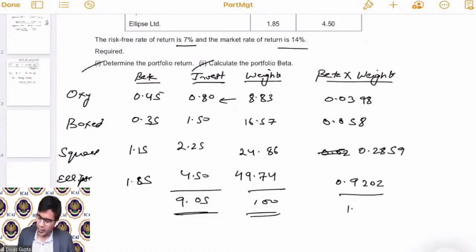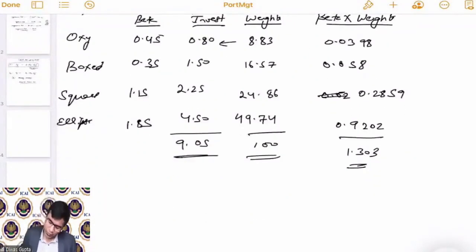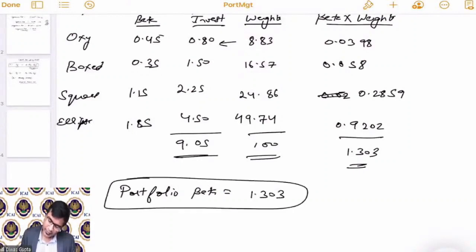The total comes out as 1.303. So hence the portfolio beta is 1.303. This is the first part of the question.